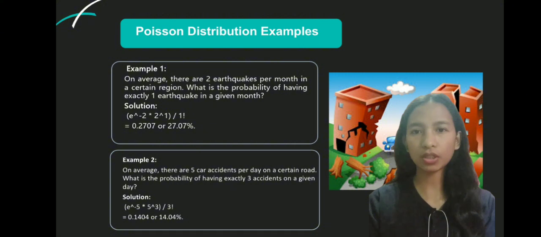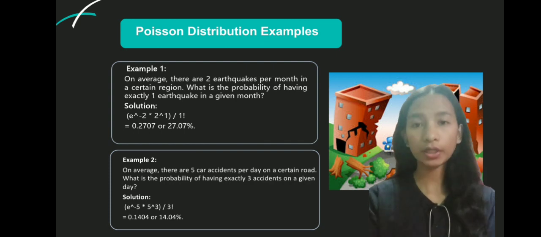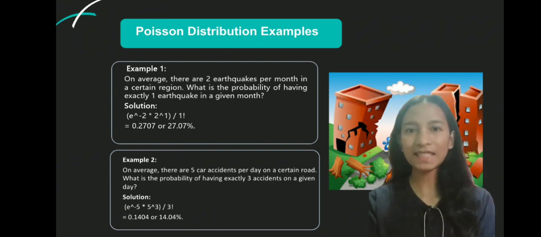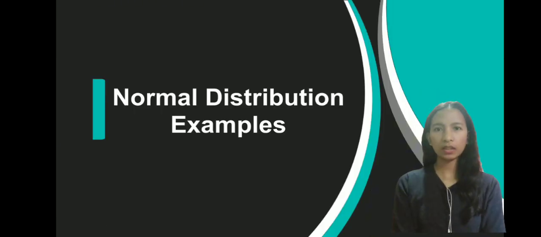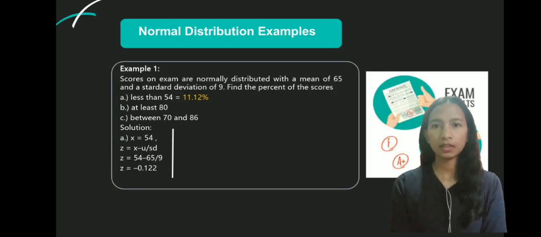Using the Poisson distribution formula, the probability is calculated as follows, which equals 0.1404 or 14.04%. Therefore, the probability of having exactly 3 car accidents on a given day, based on an average of 5 car accidents per day, is 14.04%.